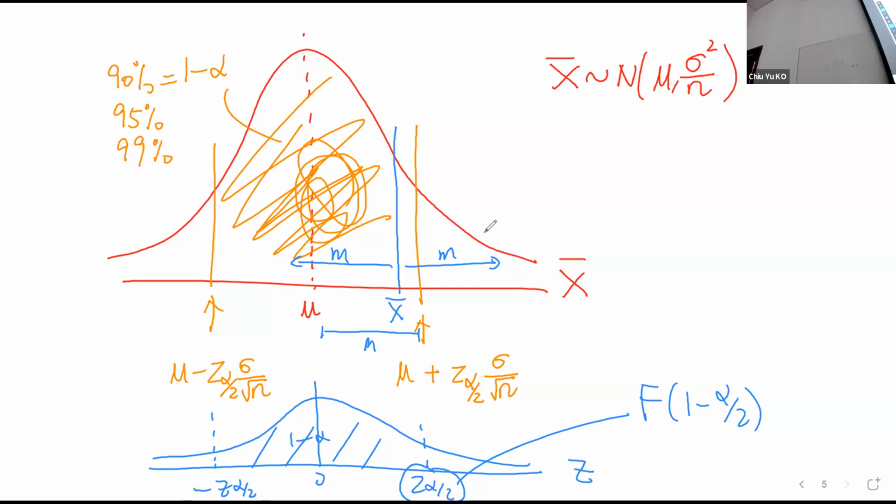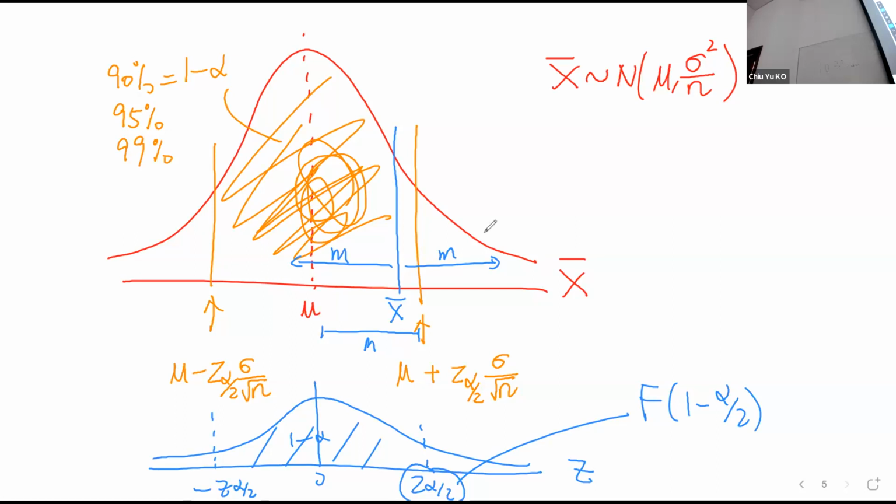But you would know, before you do any sampling, if I go mu plus and minus M, right and left, M is this guy, M left and right. That means that 95% or 90% fall within here, our point estimate, X bar.